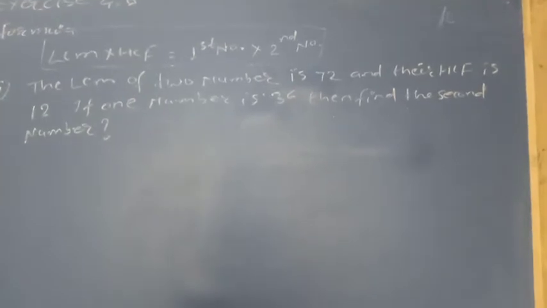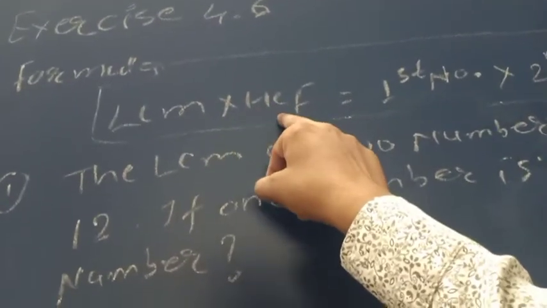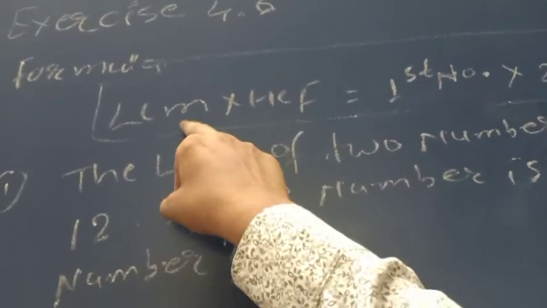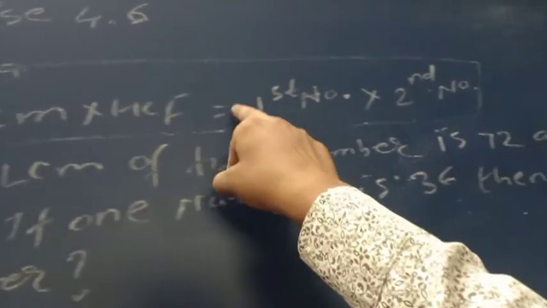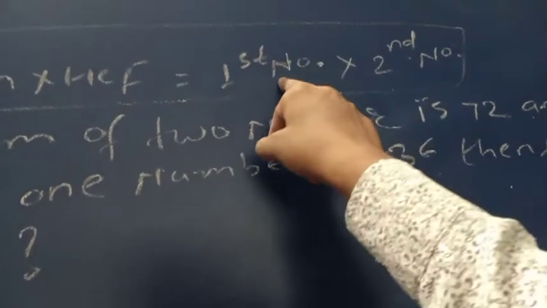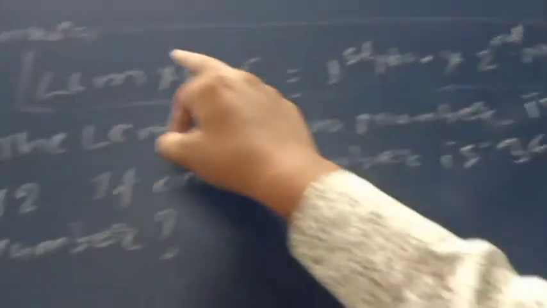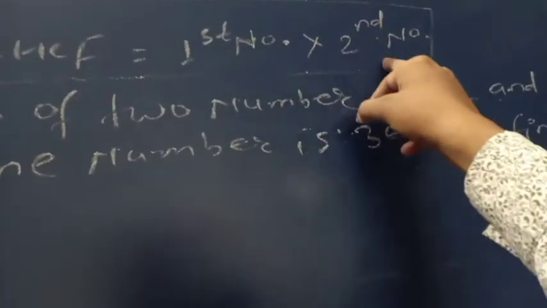Look at the question. First we go for the formula. LCM multiplied by SCF, the product of LCM and SCF, what will we get? The product of two numbers, first number multiplied by second number. LCM into SCF equals first number multiplied by second number.